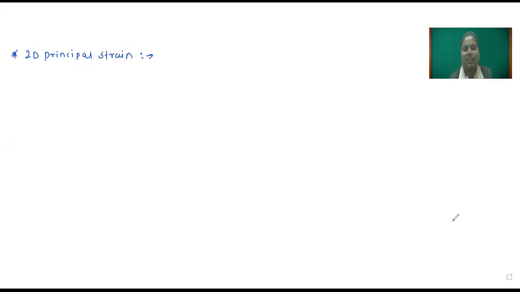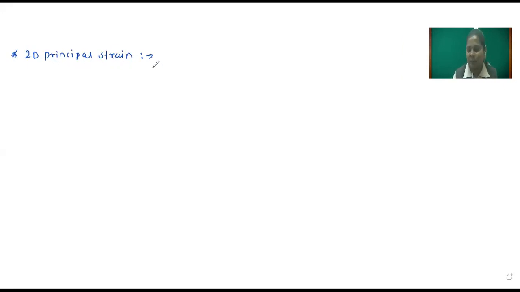Yes, normal stress acting on the principal plane is called principal stress. And what is meant by principal plane? The plane which has no shear stress, or zero shear stress. Okay, good. Such a plane is called a principal plane. Now we have to discuss what is meant by principal strain.